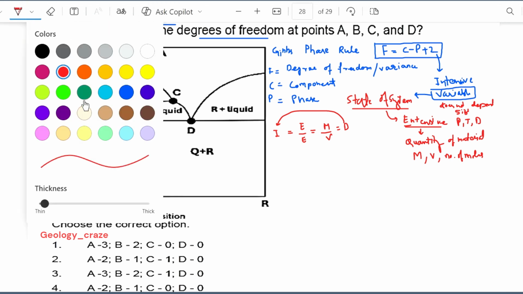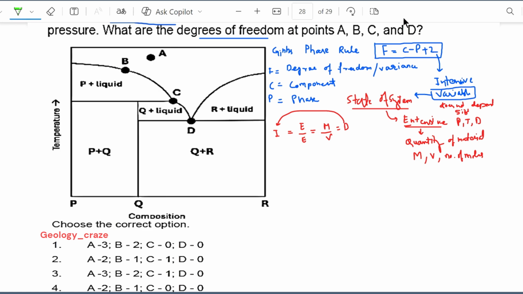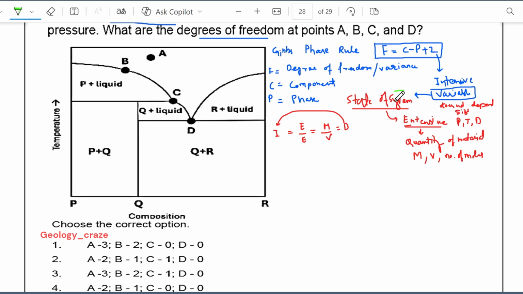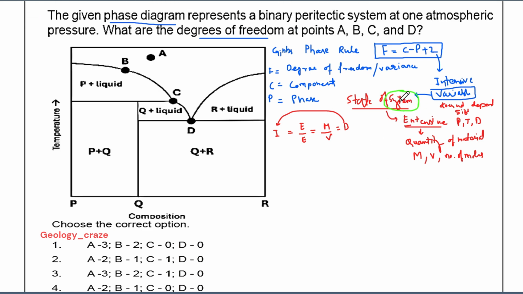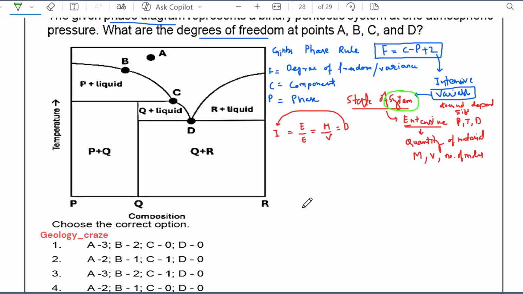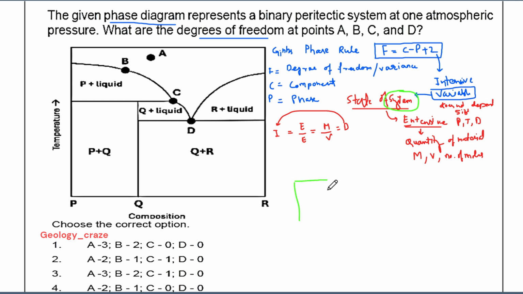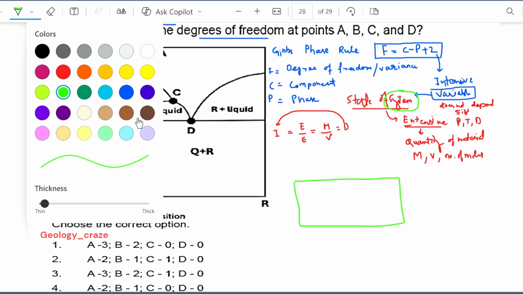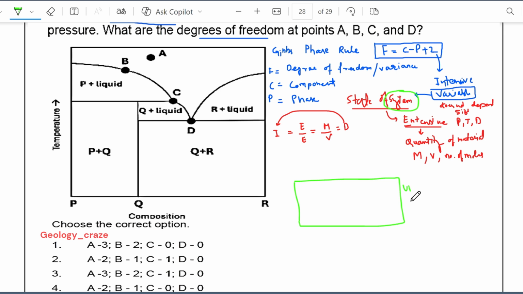And now, what is system? This is one more term. What is system? Suppose this is our universe, and we are studying some part of this.